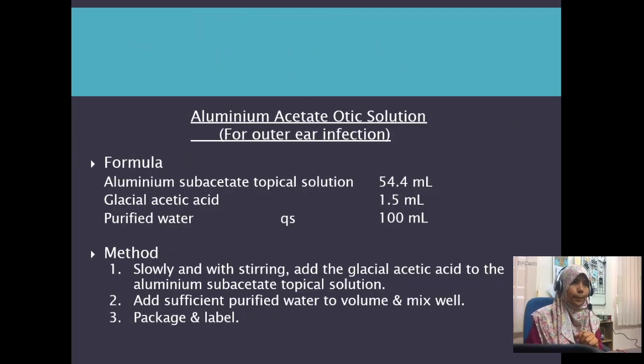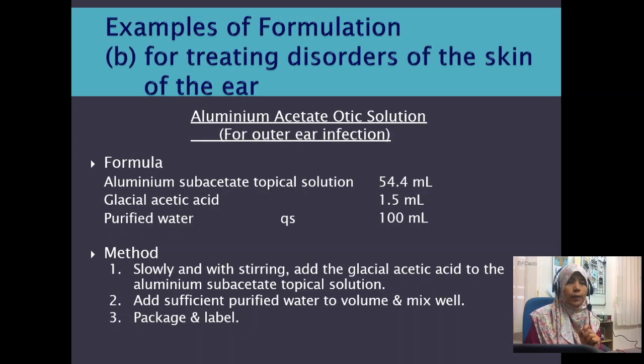Okay, how about if you want to use it for the outer part of your ear, for outer ear infection, you can use aluminum acetate. The formula is aluminum subacetate, then glacial acetic acid, and also purified water. Slowly and with stirring, add the glacial acetic acid into the aluminum subacetate, and then add sufficient purified water to volume and mix well. Package and label.